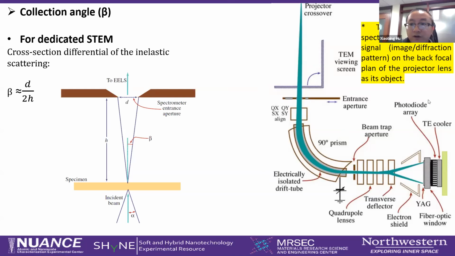But you need to pay attention that your GIF system takes the signal on the back focal plane of your projector lens. So it takes the signal from here. And this angle is usually fixed; you can only change your camera length.